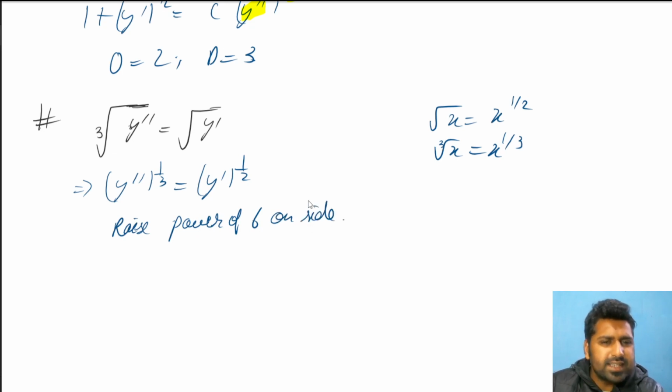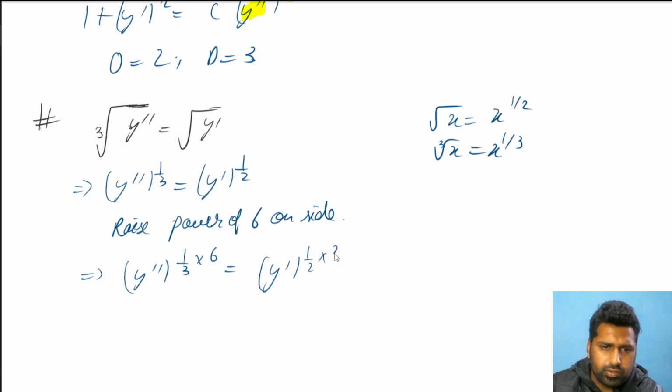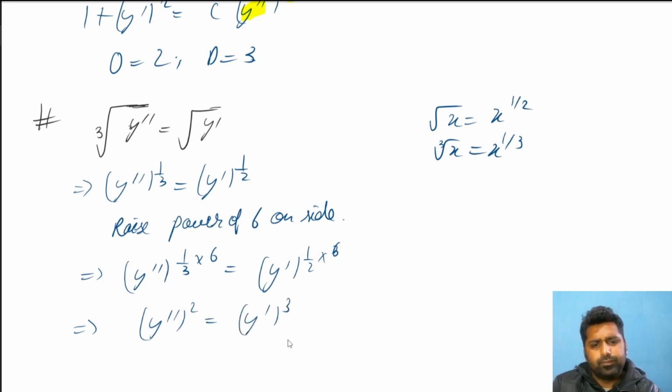If I can square both sides, I can cube both sides, I can raise any power on both sides. So if I raise power 6 on both sides, y double dash power 1 by 3 into 6, power raised to power multiply, and y dash raised to power 1 by 2 into 6. This becomes y double dash raised to power 2. This becomes y dash raised to power 3.